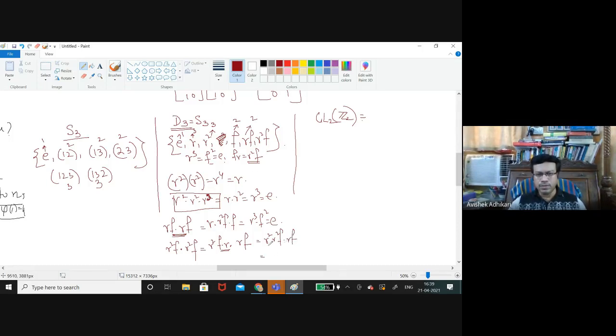Okay, so this value is r to the power 4, that means rf into rf.